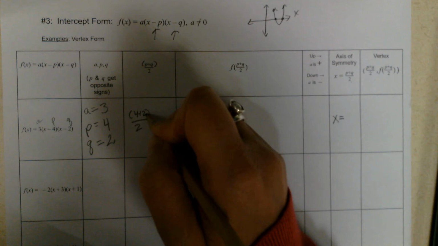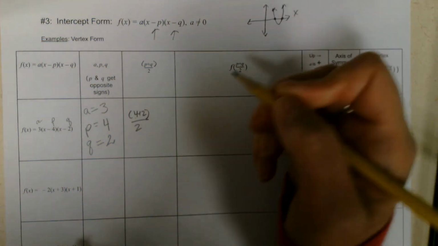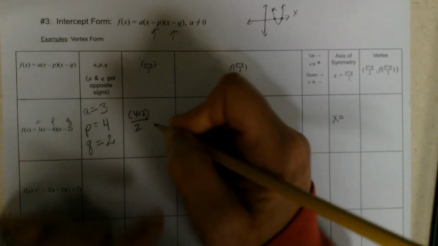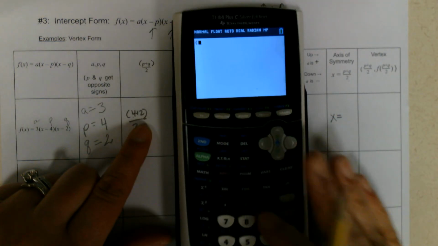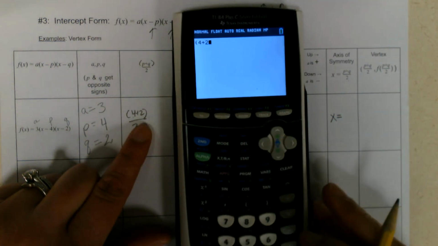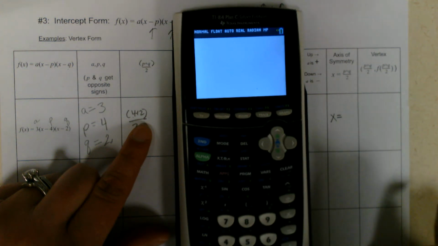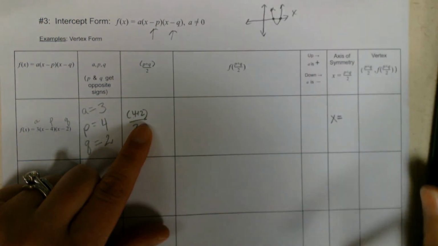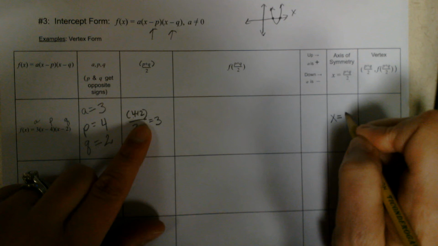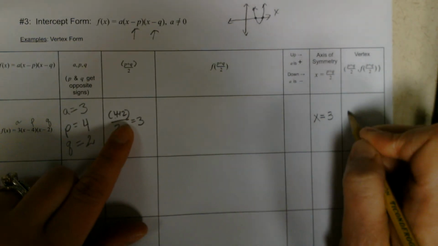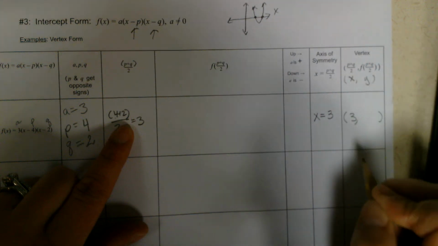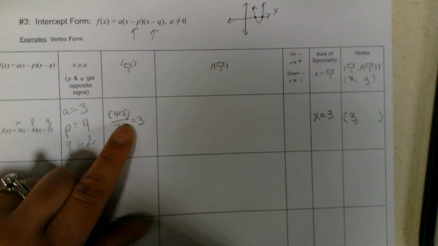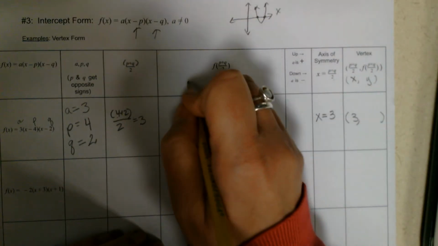Adding it up and dividing by 2, there's 2 of them, just finding the middle. So when we add these up, 4 plus 2, and divide by 2 in the calculator, this is where your parentheses need to come in because you have to add them first. We're going to come out with 3. x equals 3. And yes, that is the first part of our vertex. This is x and this is y. So we need to find the y value. So yes, you substitute and solve.